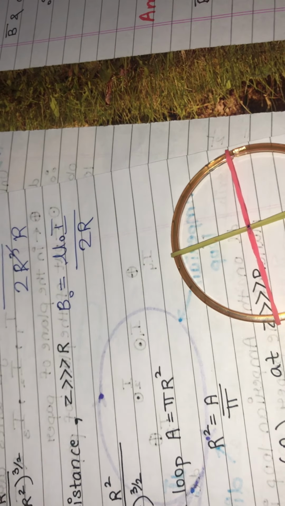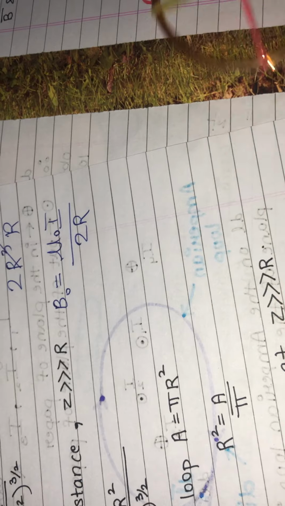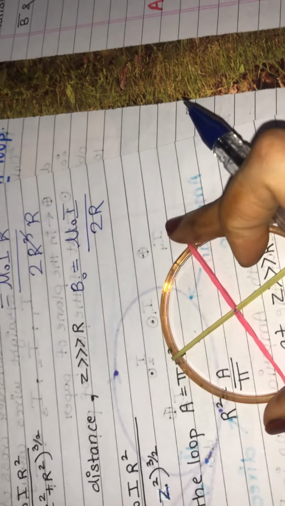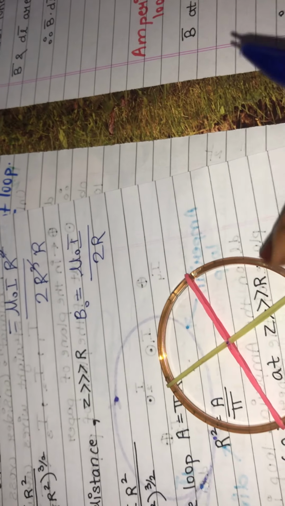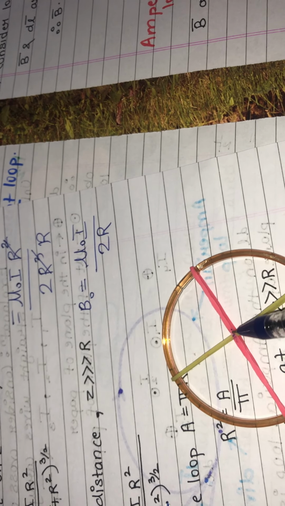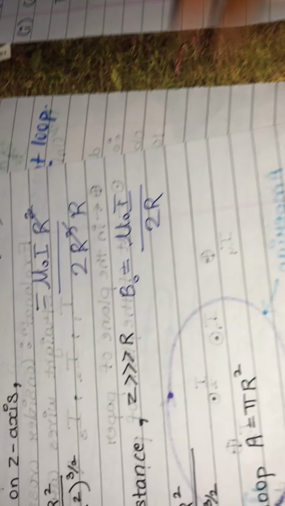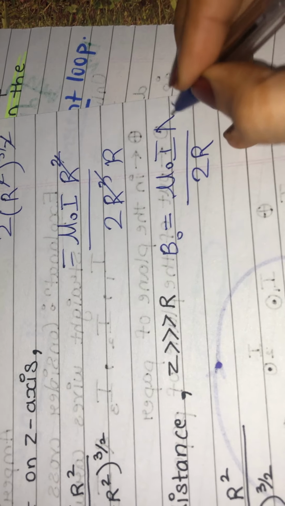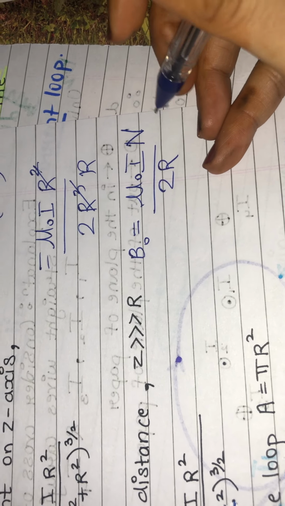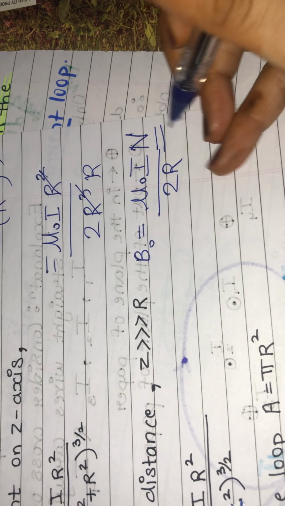When I keep adding many bangles, this is just one bangle. If I keep n number of bangles over here, then what will happen to the magnetic field at the center? I'll just include n into it. I'll multiply this with n. We will multiply this by n, meaning there are n number of turns given to this coil.